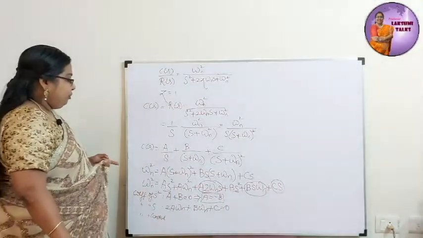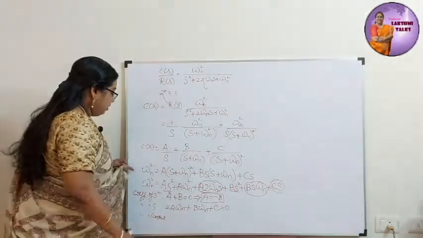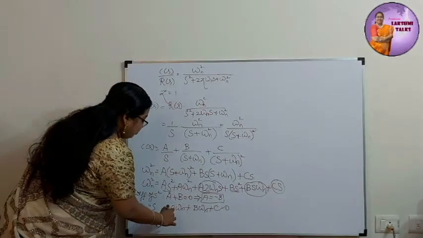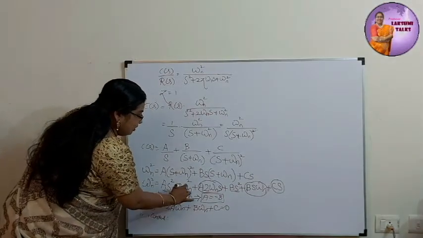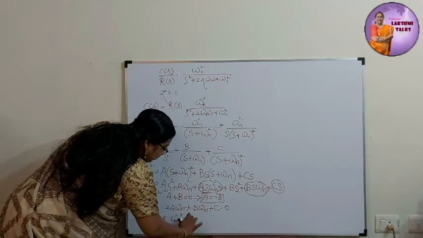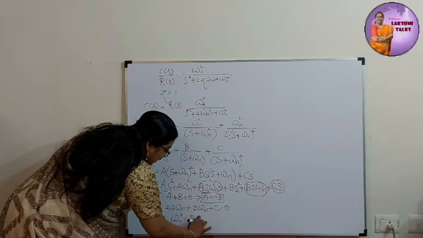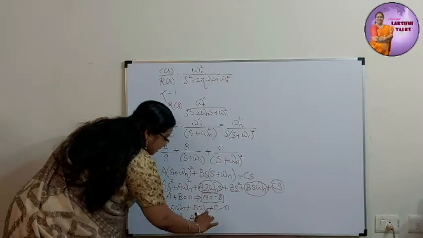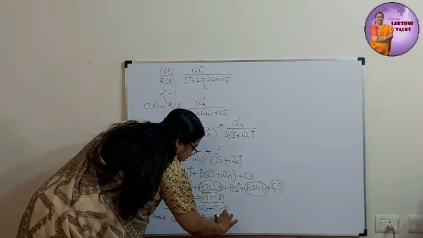Okay. And what about when you equate coefficients of the constant on both sides? Omega n square is equal to a omega n square. So which means a is equal to 1.